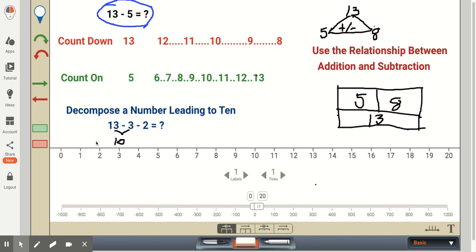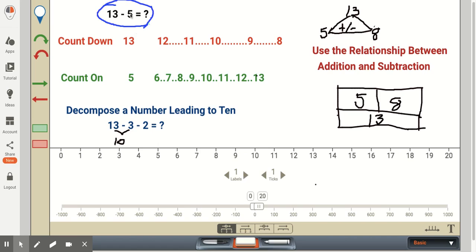Another strategy that I want to introduce that's much more efficient than counting on and counting down is decomposing a number leading to 10. If the problem is 13 minus 5, and hopefully our students have mastered these single-digit numbers, what we're trying to do is find 13 minus some number to get us to 10. Well, 13 minus 3 would bring us down to 10.